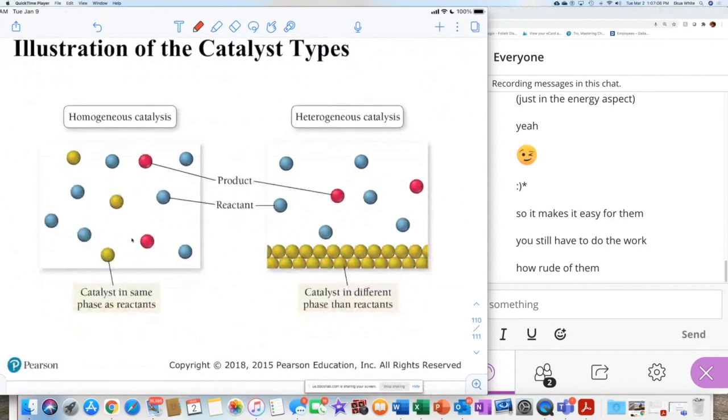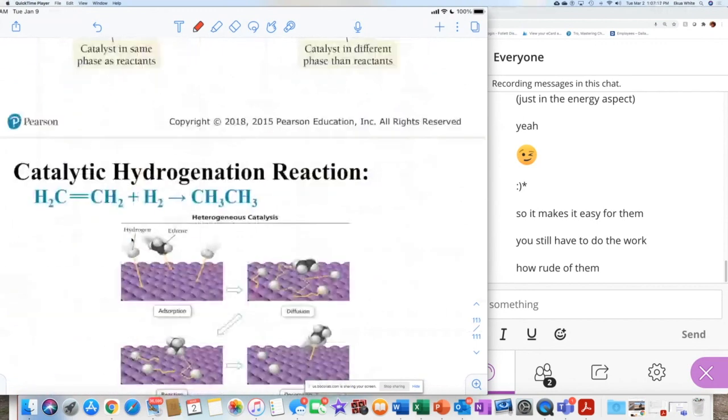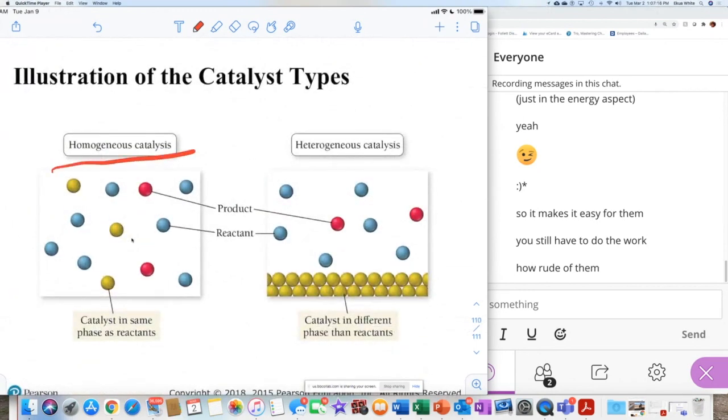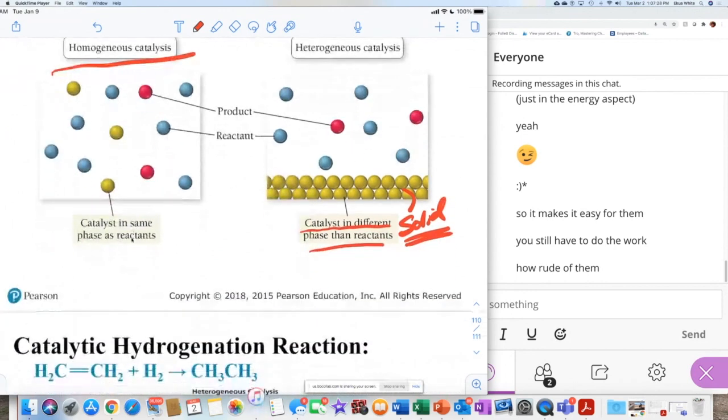Then finally, how the catalyst works. Oh, that picture is still here. So homogeneous, once again, means the catalyst and reactants are the same phase. Here, the catalyst has a different phase. Most likely this is a solid based on how the atomic structure looks.